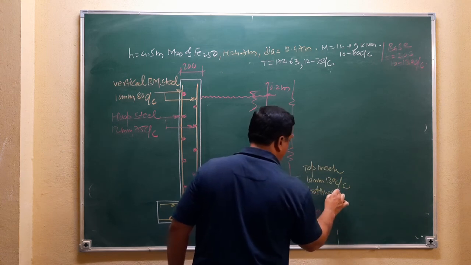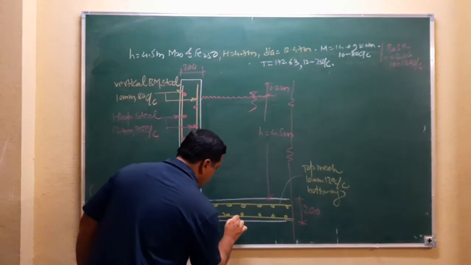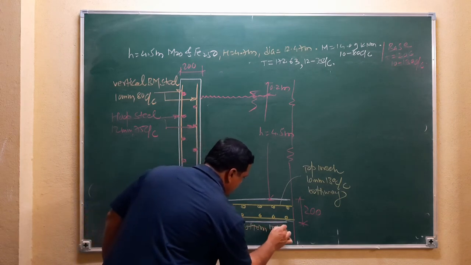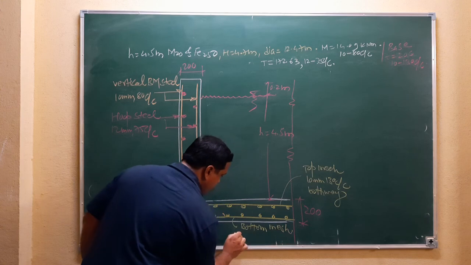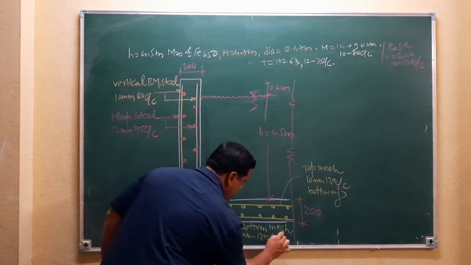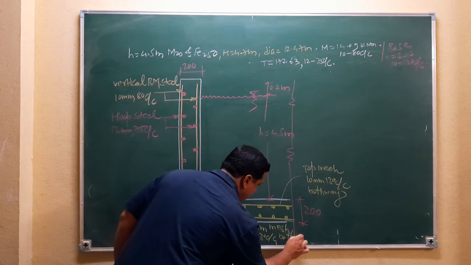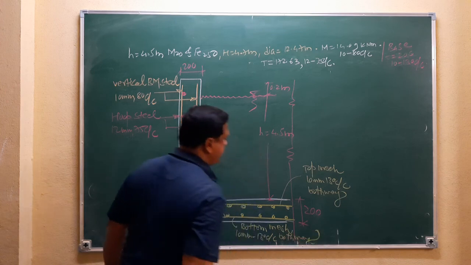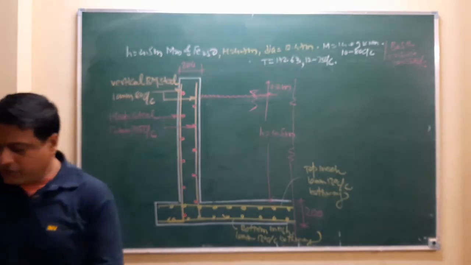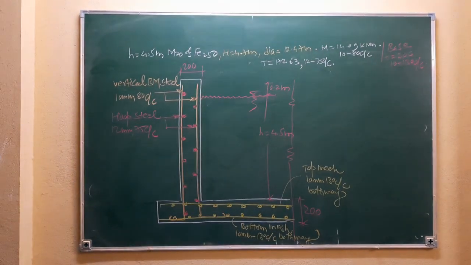And this is your bottom mesh, same 10 mm diameter, 130 center to center, both way. I will write it here. So like this you have to show the reinforcement details.